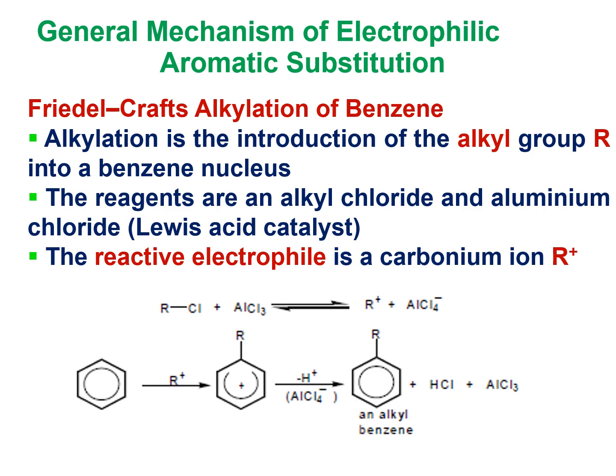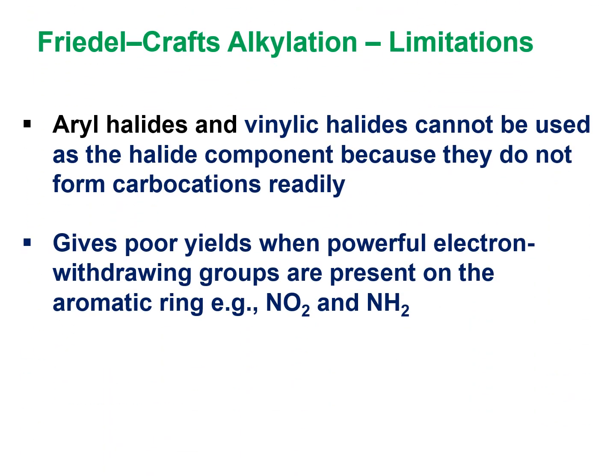But there are limitations. The limitation is that aryl halides and vinylic halides cannot be used because they cannot form carbocations easily. There is always poor yield when there are electron withdrawing substituents like NO2 or amine attached to the ring.